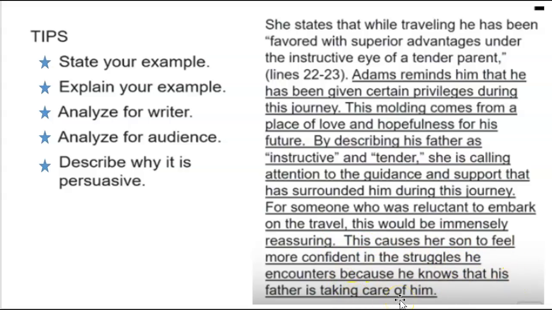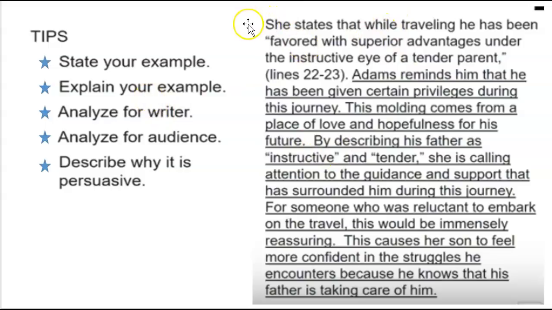So you'll notice this last sentence touches on more of why it's persuasive and him as the audience member, what it would provoke in him, and it's provoking that sense of confidence. That's what she's trying to accomplish here. And we also notice her hopefulness and love for him. So it's analyzing the writer a bit more, what this reveals about the writer.